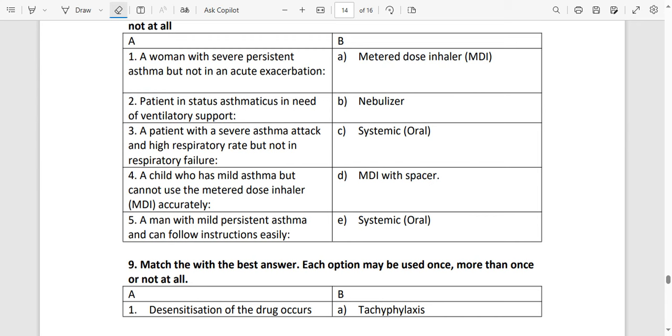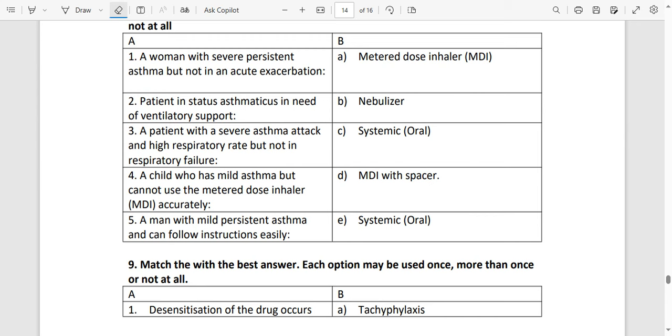So would you prefer to give something that is confined to a system or something that can be systemic? Okay, thank you so much. Anyone with another thought? Okay, because this patient has got severe persistent asthma, but it's not an acute attack.